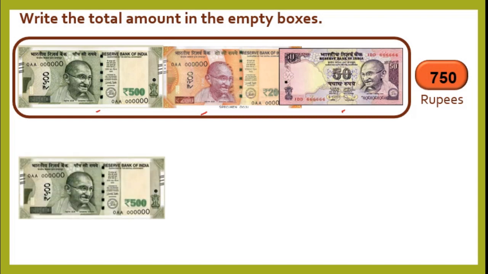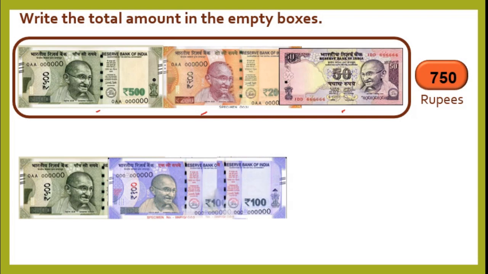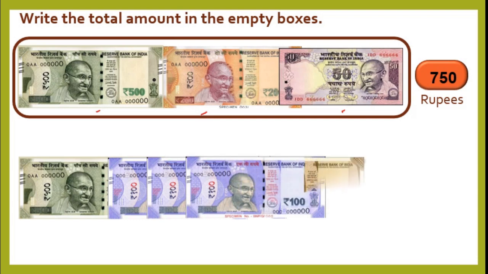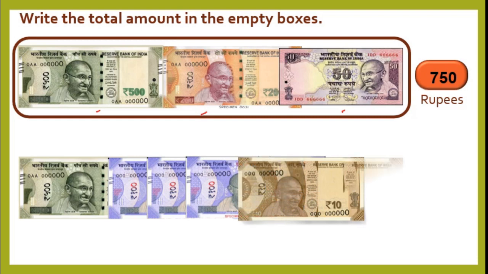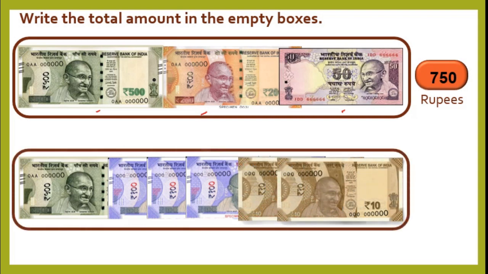Okay, the second one. Again observe the notes carefully. 500 rupees note is there. Then 100 rupees note, one note. This is second one. Third one. Then 10 rupee note, 1, 2, over. Okay, now we will count. This is 500 rupees one note. This plus 1 means 600. Plus 1 700.